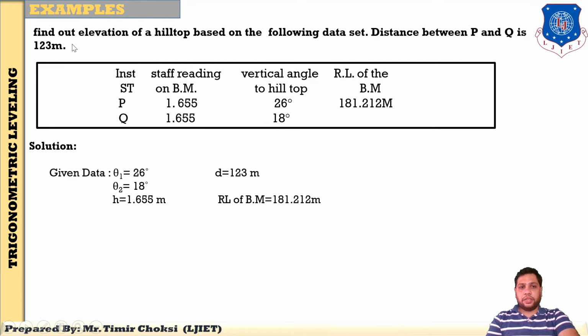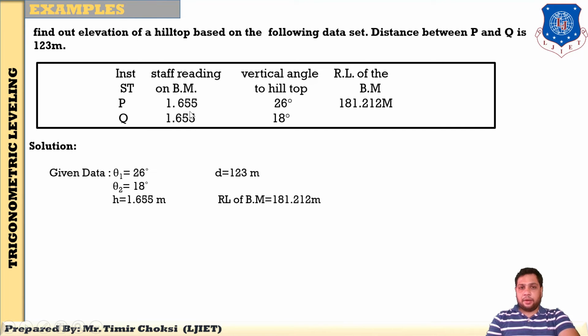Distance between P and Q is 123 meter. You know that the distance between P and Q means the distance between two instruments, and the distance is given as 123 meter. Now, in the table, two instrument stations, P and Q, are given, and the staff reading on the benchmark is given. Here the reading has the same value.